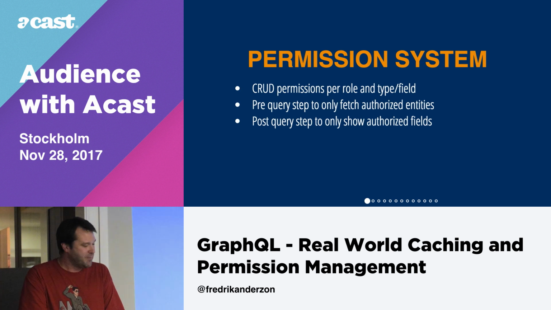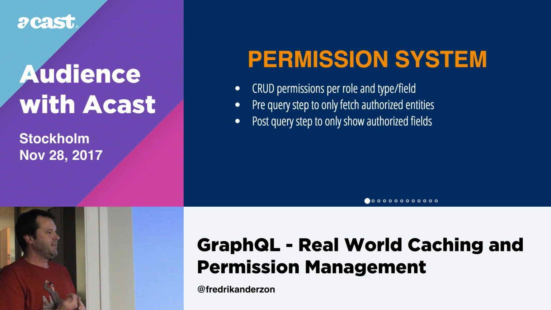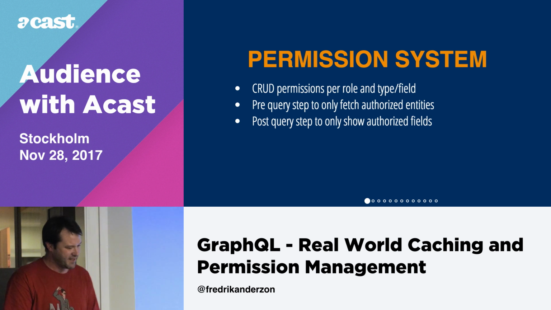So our permission system is basically going to be create, read, update, delete instructions for each role and each type in the field. But it's not as bad as it sounds because we're going to make defaults that apply to almost everything, and then we're just going to specify the exceptions.